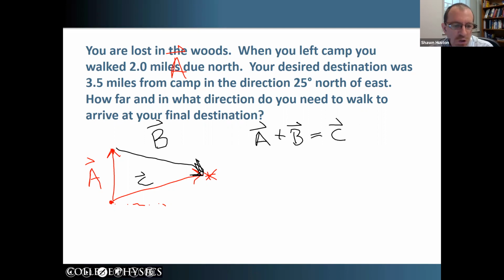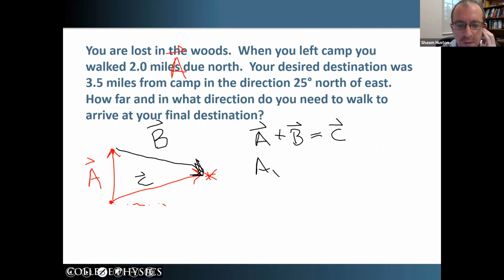Now, I can't just add numbers directly. I've got vectors there, and vectors indicate that direction is important. I couldn't just say, well, I wanted to walk 3.5 miles, I walked 2 miles already, so I just need to walk 1.5 miles, and that's done. Well, no, that's not going to get me to the right place.